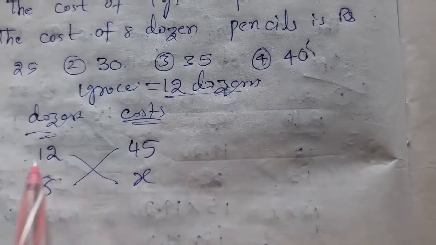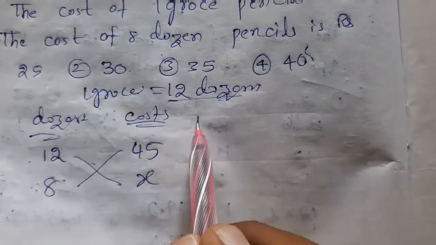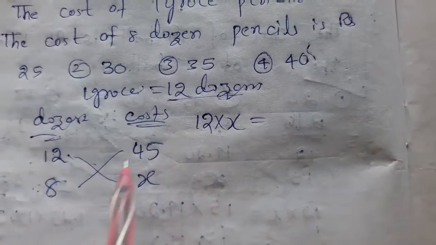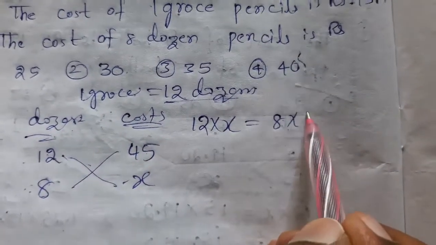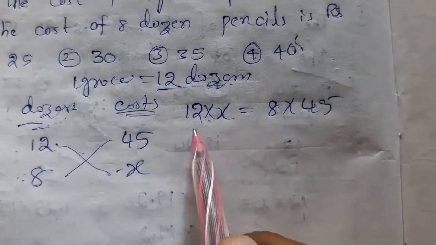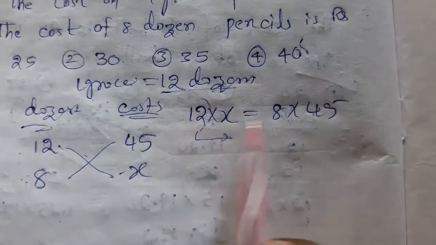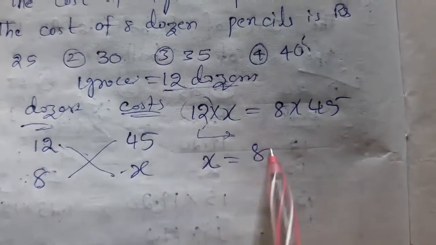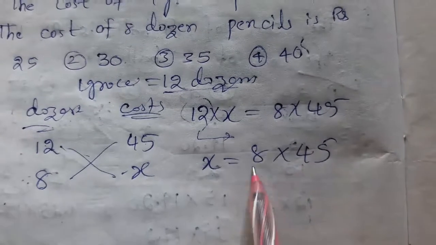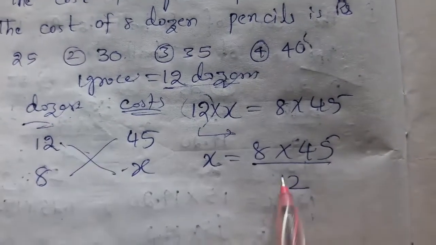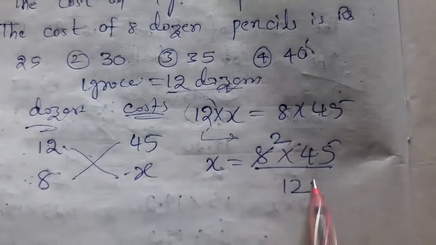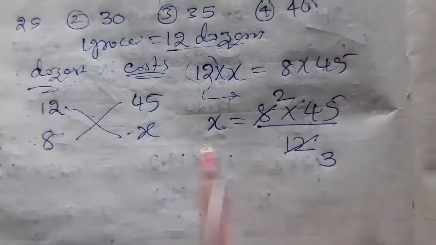Now take the same cross multiplication. That means 12 into x equals 8 into 45. Now send this 12 from left to right. On left side it is multiplication, it goes to right side, it becomes division. Now 8 into 45 by 12. See here in 4 table, 4 2s are 8, 4 3s are 12, isn't it?